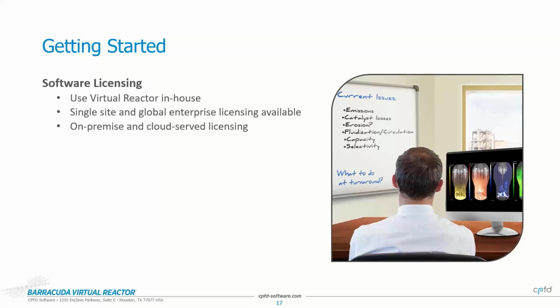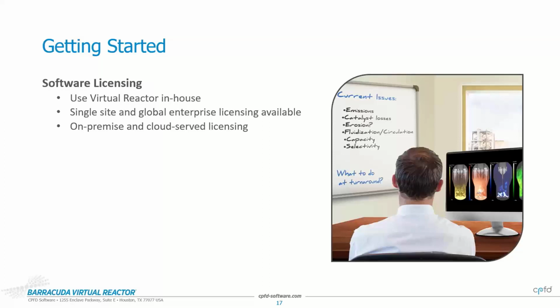While we do so, I just want to briefly, for those of you who are new to CPFD software, let you know a few different ways you can get started working together with us. Software licensing, which is sort of the default mode we're talking about here, is where you use Virtual Reactor in-house.